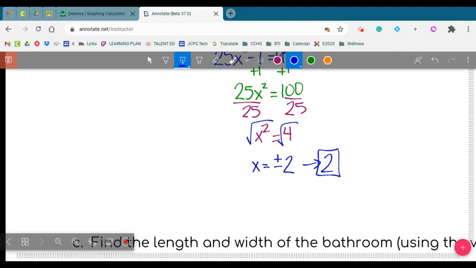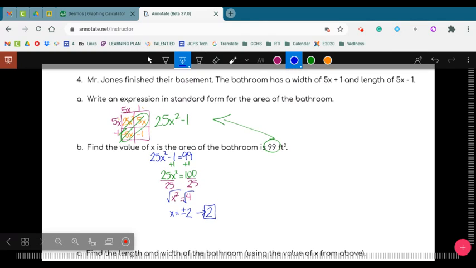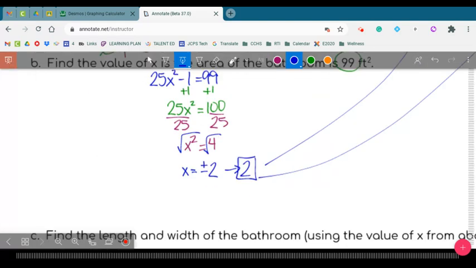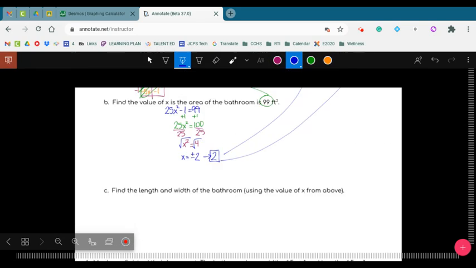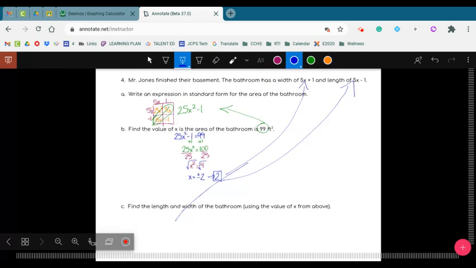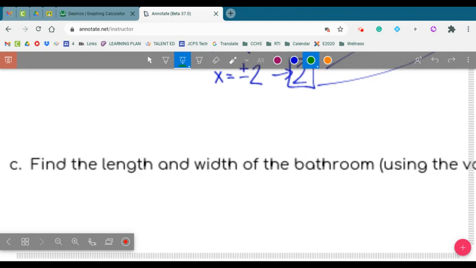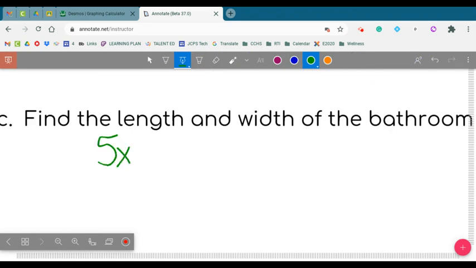So I then take that 2 and I plug it in for my x on my length and for my x on my width. My length was 5x minus 1. Oops. So I'm going to have 5x minus 1, 5x plus 1.